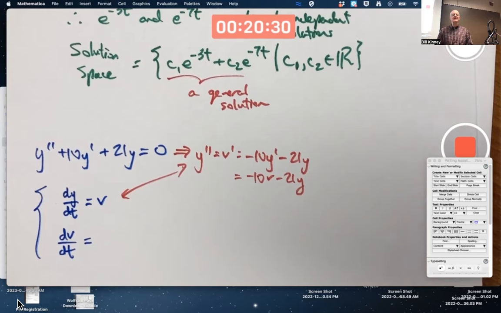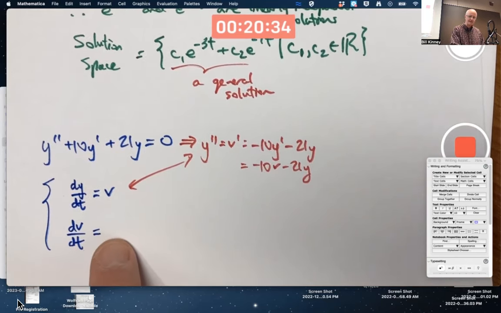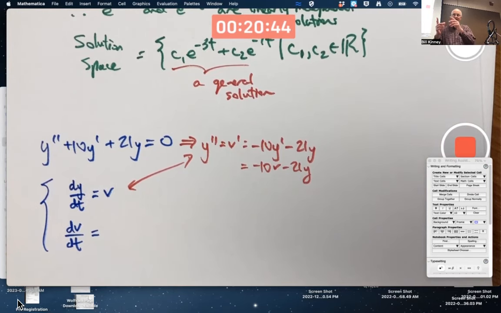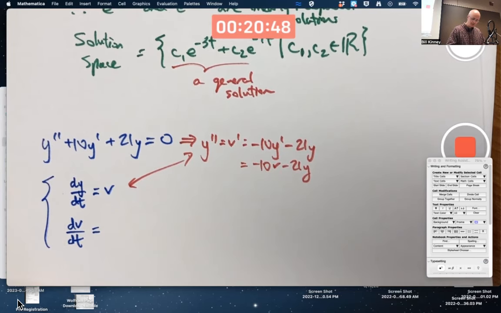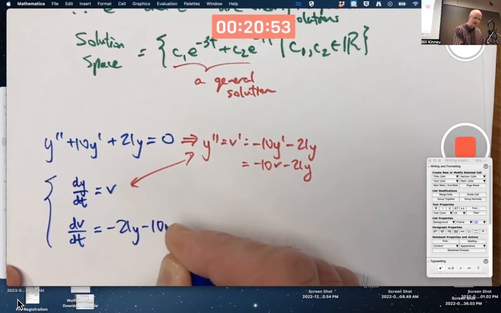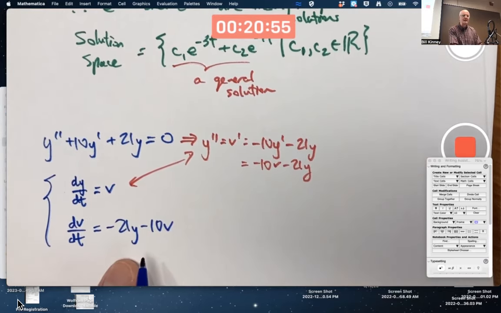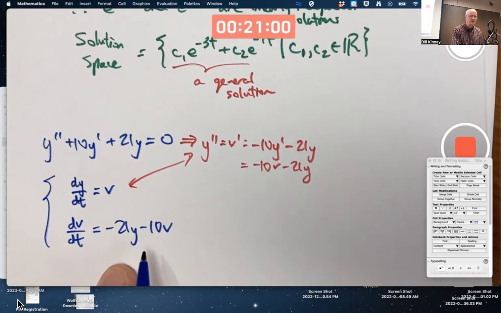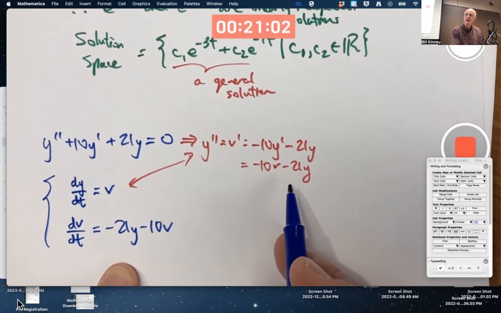Careful though, a common mistake here people make. It's technically not a mistake to write minus 10v minus 21y here. That's technically not wrong, but it's ideal for the purpose of writing a matrix to put the y term first and the v term second. So down here, I'm going to write it as minus 21y minus 10v. Again, it's not wrong for the system of scalar equations to write minus 10v minus 21y in the same order I have here.